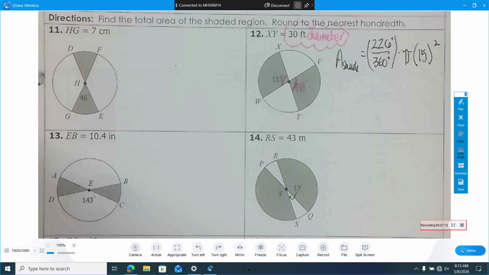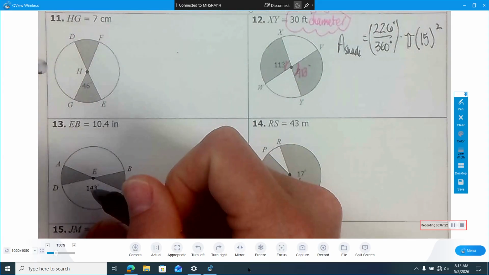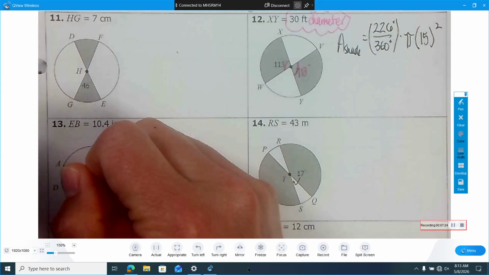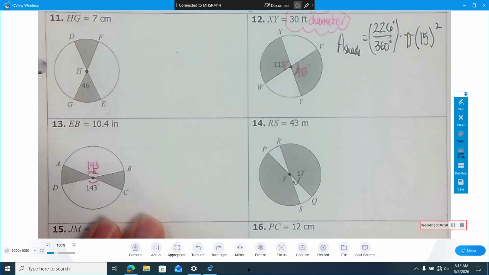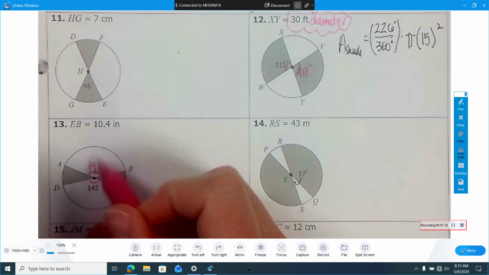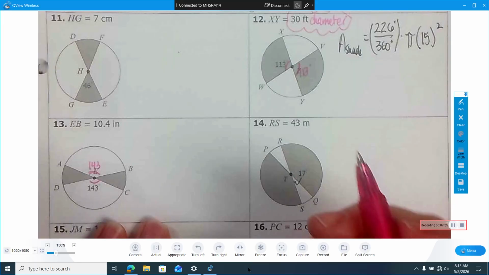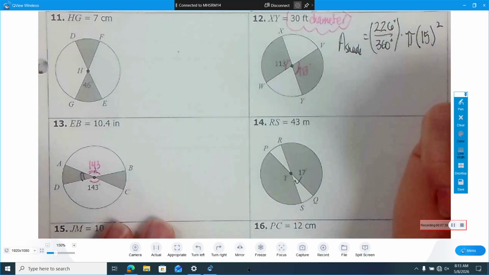Let's think a little more. Number 13. Yes, you can do that. So we know that the other side of this is also 143. And then we'd have to subtract both of those from 360. Could you also figure out what this little angle is?